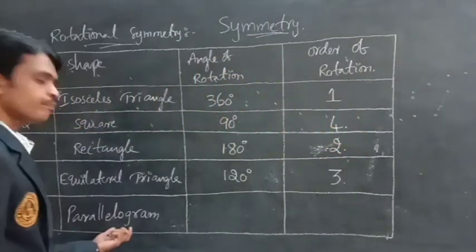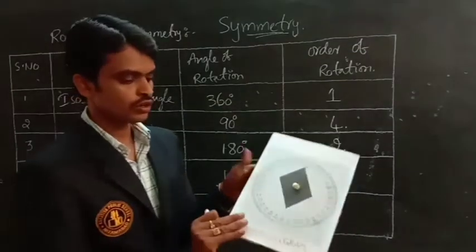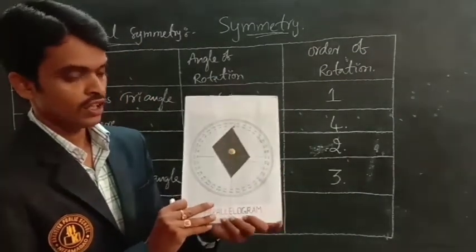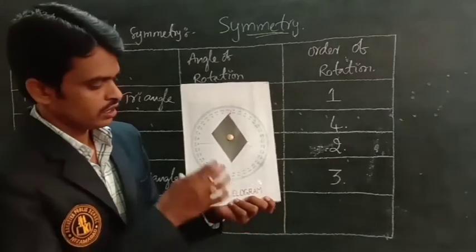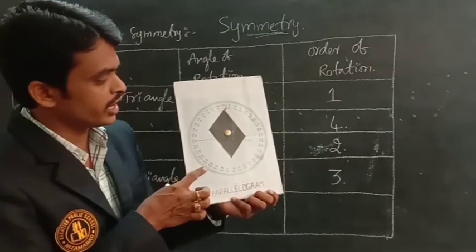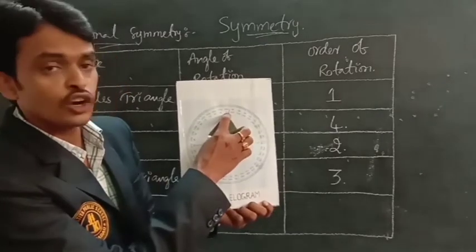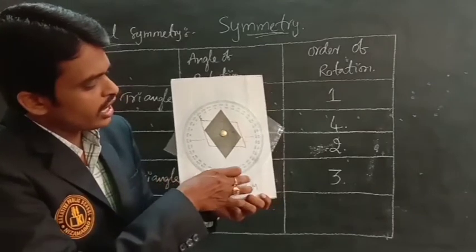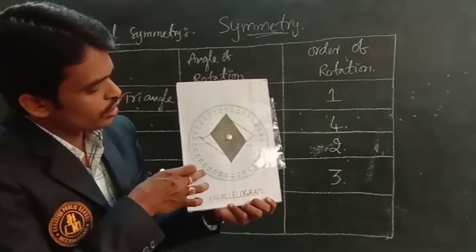Next, parallelogram. So look at here, this is the parallelogram. Go for rotation. So I am rotating the parallelogram in anti-clockwise direction. So this is 0 degrees initial position. Let us rotate the parallelogram.